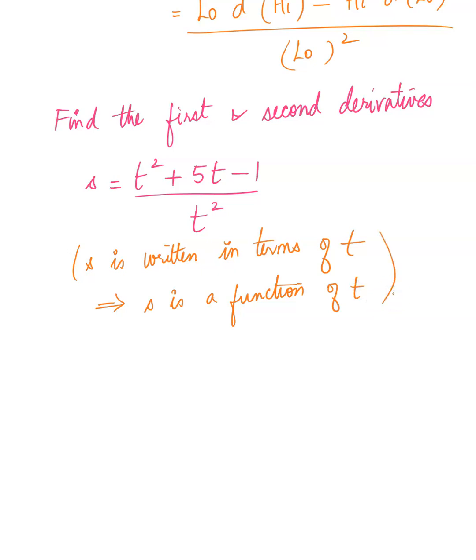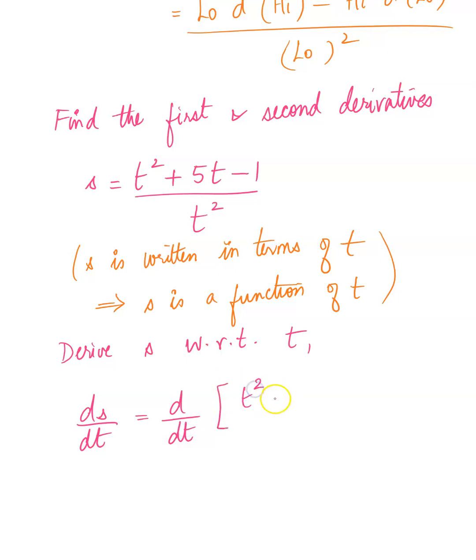Keeping this in mind, we know that we have to derive s with respect to t. Okay, remember the shorthand for that. So ds over dt gives me the first derivative, which is to write this expression all over t squared.